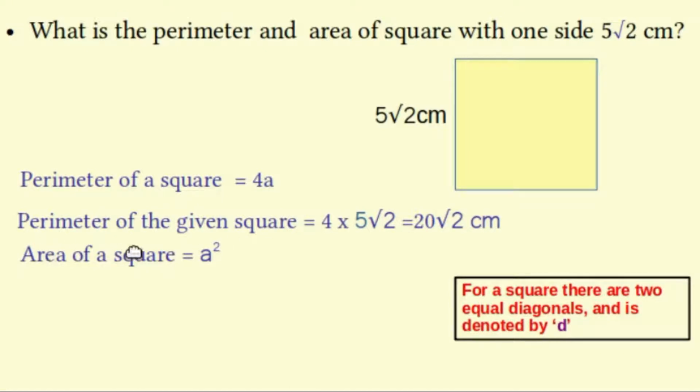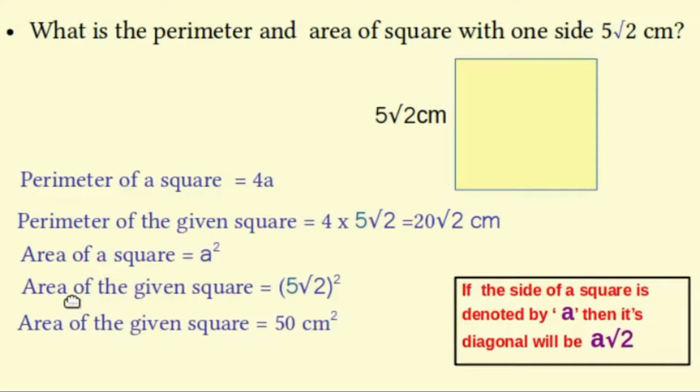And area of a square we know it is a square. Then area of the given square equal to 5 root 2 whole square, that is equal to 50 centimeter square.